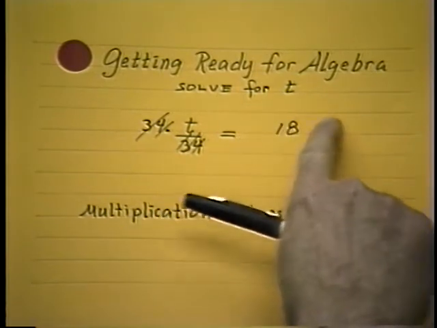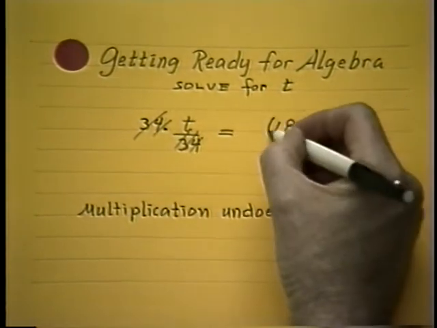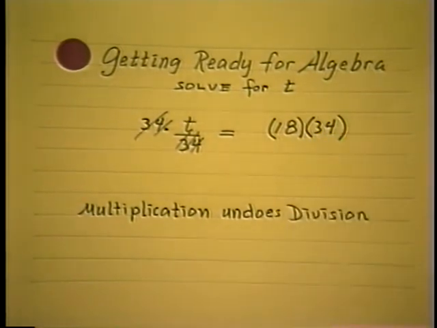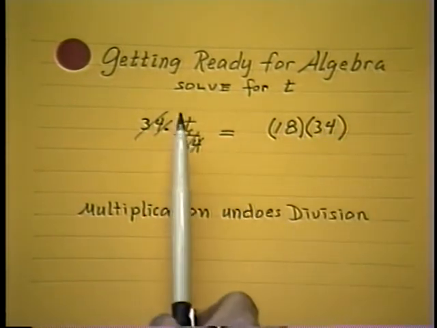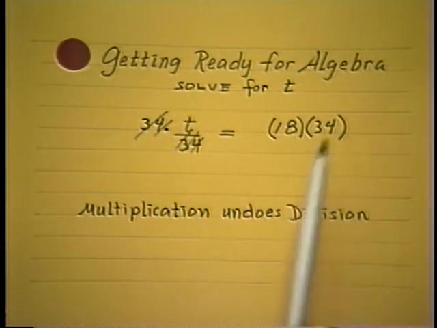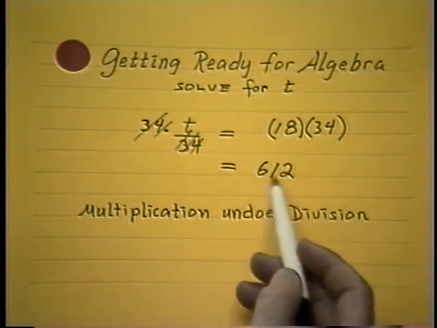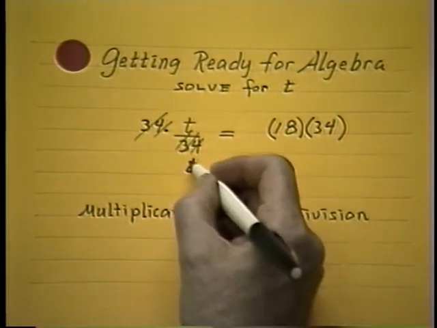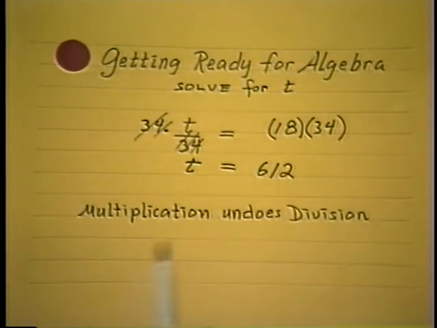And of course, since this side was the same number, I must multiply it by 34 as well. So this says that t is 18 times 34, which is 612, the value of t. Division is undone by multiplication.